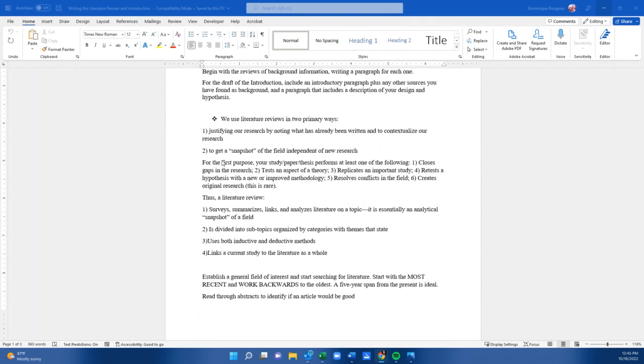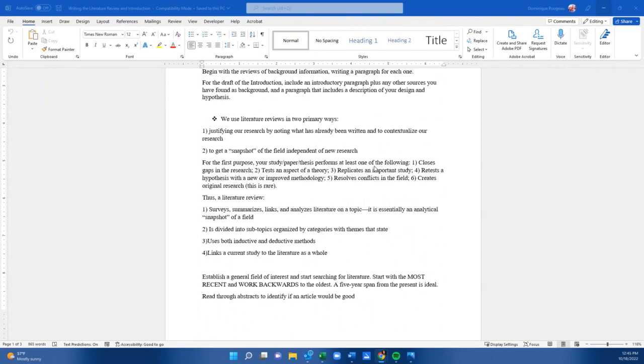Even if the audience is intended to be colleagues or peers, or you're trying to publish to a journal that only other psychologists read, you still need to assume that your readers don't know anything about what you are researching or writing about. That's what the lit review pretty much does.